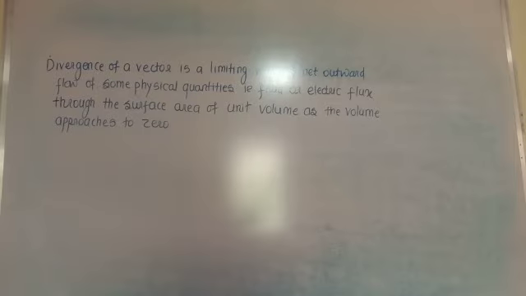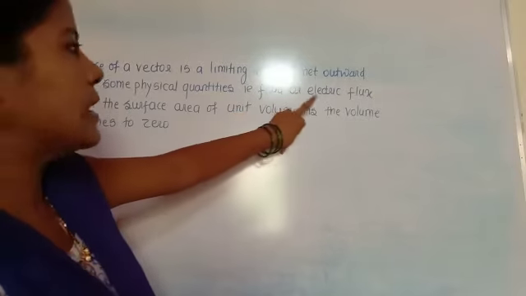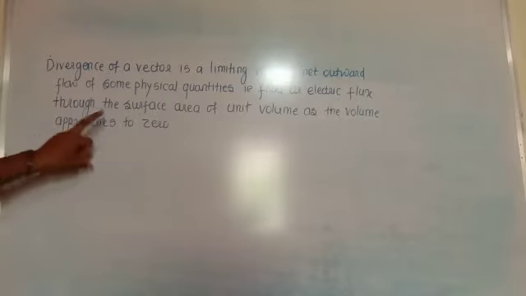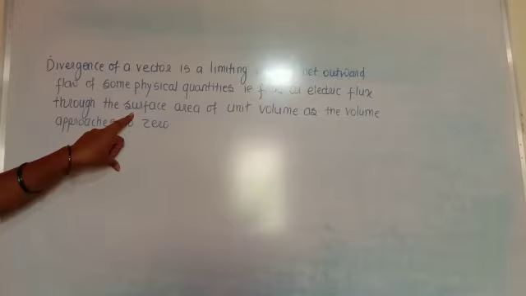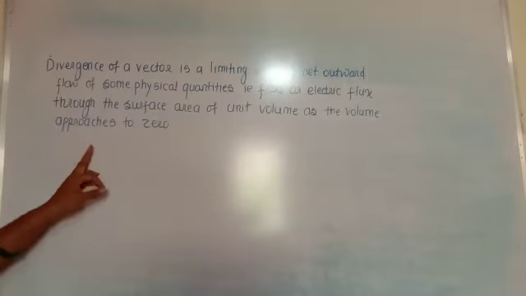That is, the divergence of a vector is the limiting value of the net outward flow of some physical quantities. In that we consider fluid or the electric flux through the surface area. Here we are considering a small surface area of unit volume because the volume approaches 0.